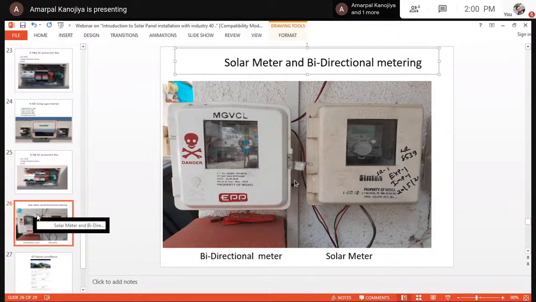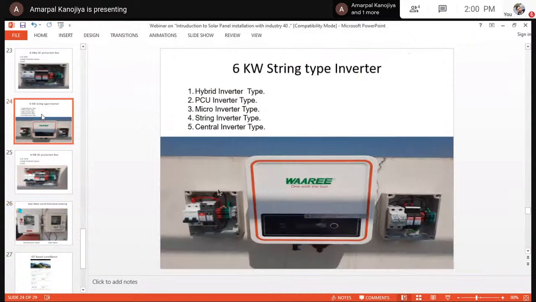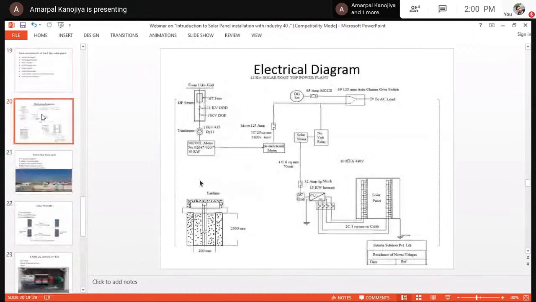Now, if we see in this diagram, the generation which takes place by the solar panel is of DC type. Now this DC voltage is going to this inverter, which converts this DC supply to AC.